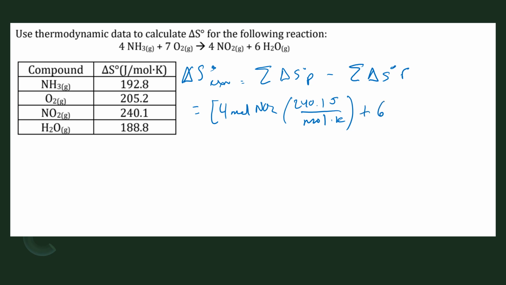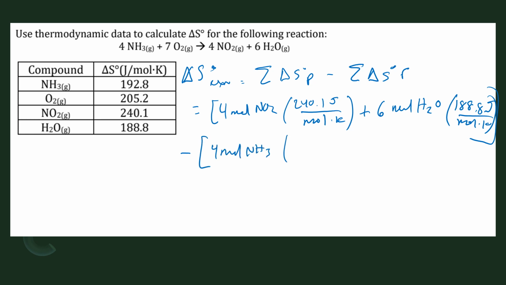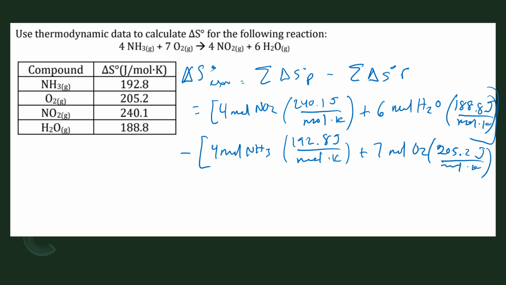Plus 6 moles of H2O times 188.8 joules per mole Kelvin, minus, in brackets, 4 moles NH3 times 192.8 joules per mole times Kelvin plus 7 moles of O2 times 205.2 joules per mole Kelvin.